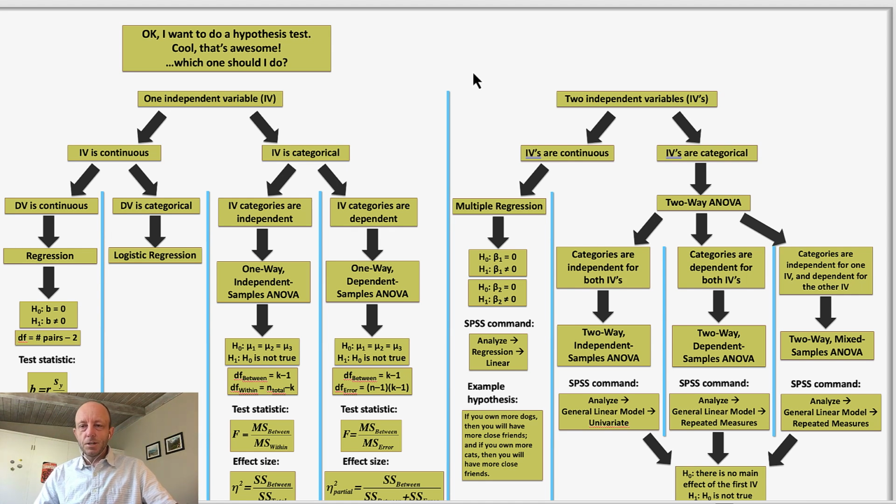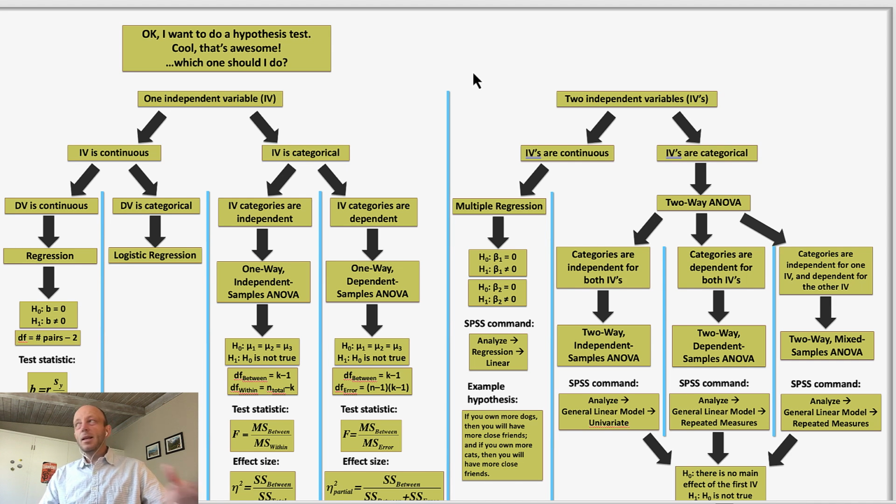Independent groups, they don't know each other. There's no dependence there. And then for the other one, the same thing. We have a group that drinks coffee and a group that doesn't drink coffee. Independent groups, hopefully they're unrelated. They need to be unrelated groups to be independent. If they're both unrelated, then we go categories are independent, and we do a two-way independent samples ANOVA.